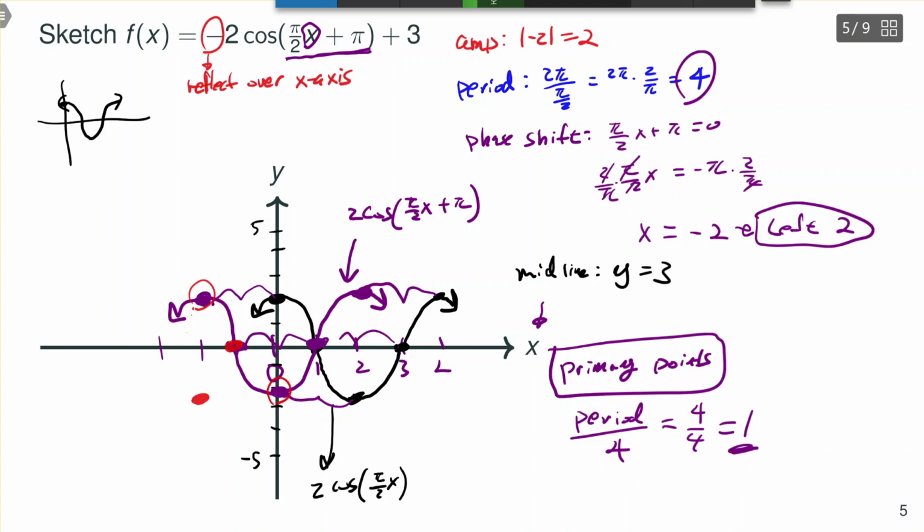Now this negative value becomes positive, so it comes right here. And this 0 stays at 0, and this positive 2 becomes negative. So if I connect it like this, the red graph right now is after reflection. So let me write this. This here is negative 2 cosine pi over 2x plus pi.